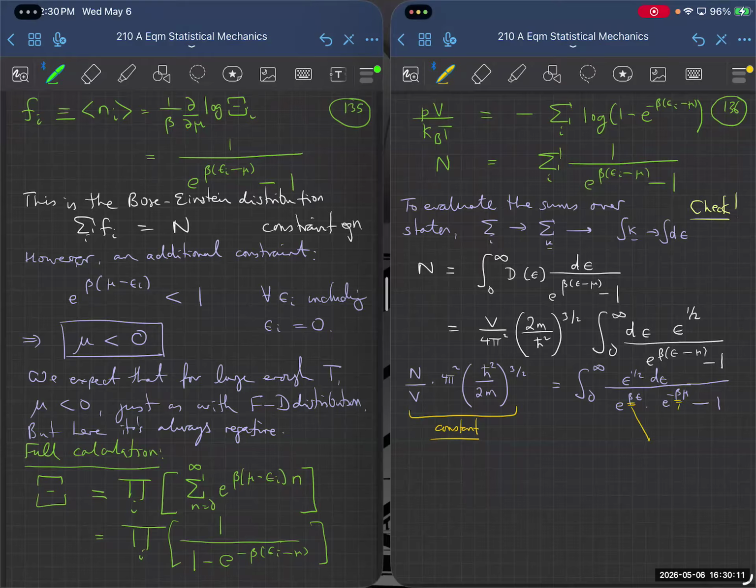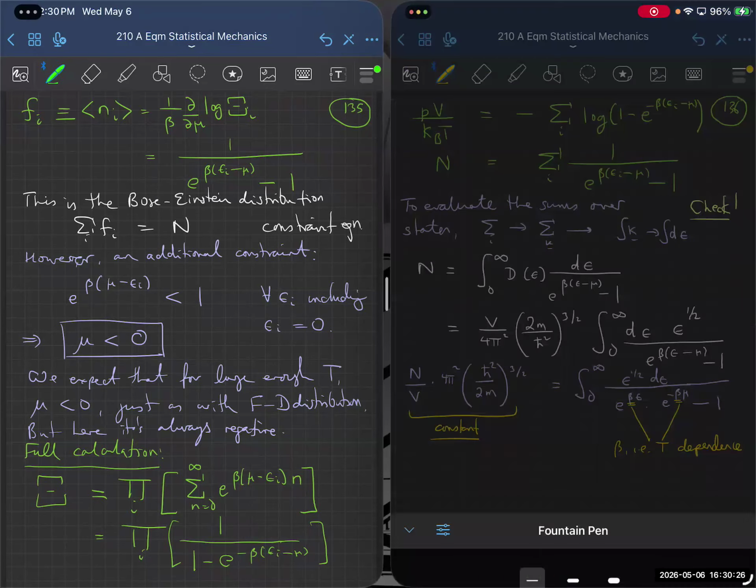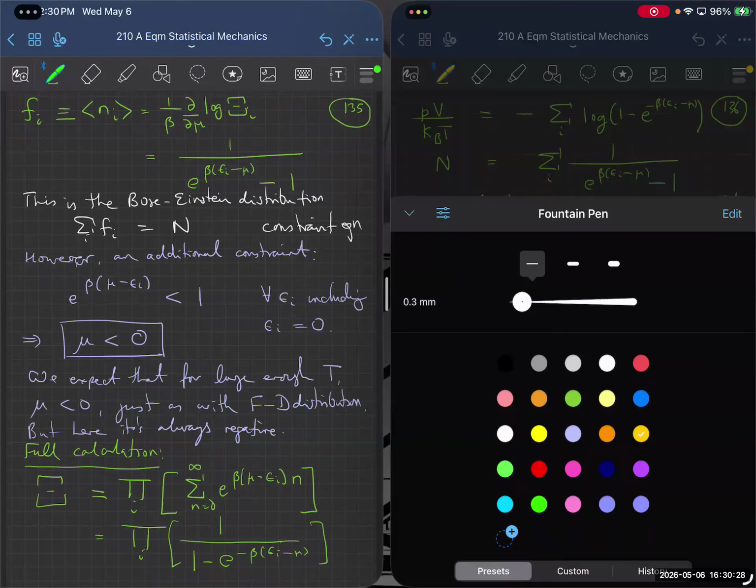And so those two things mean that there is a beta, i.e. a temperature dependence that is explicit there.